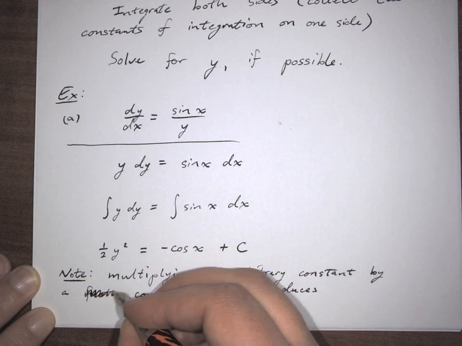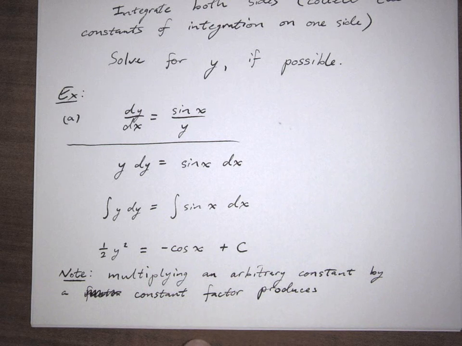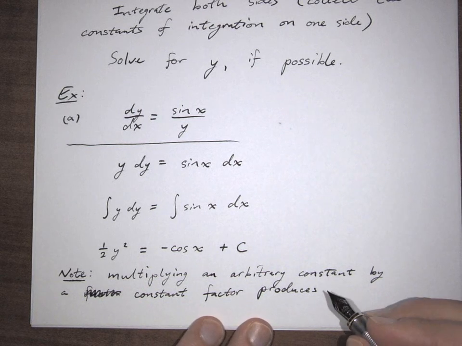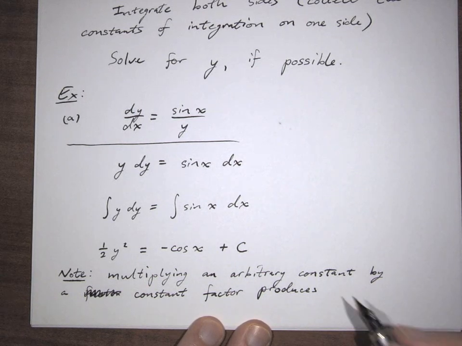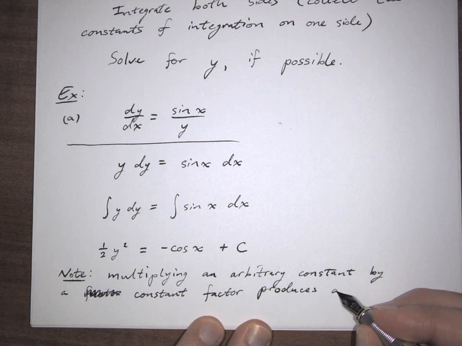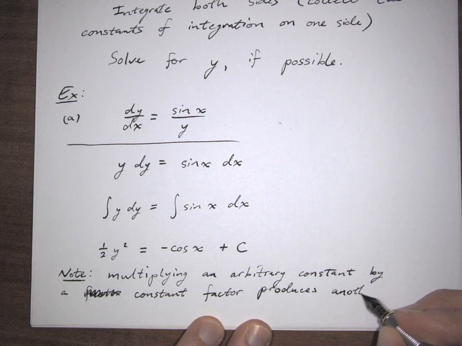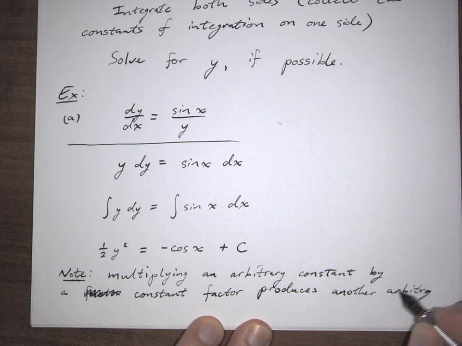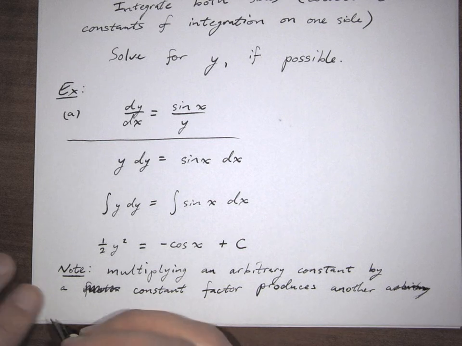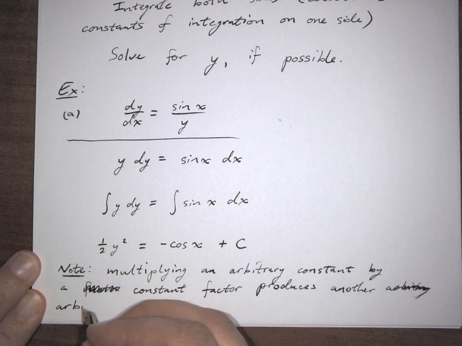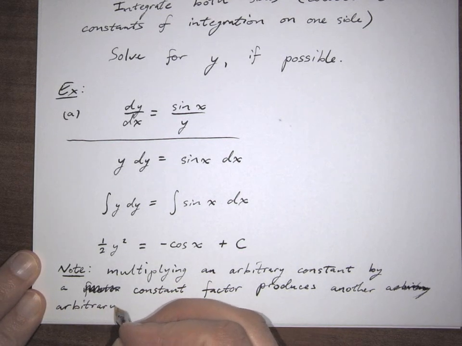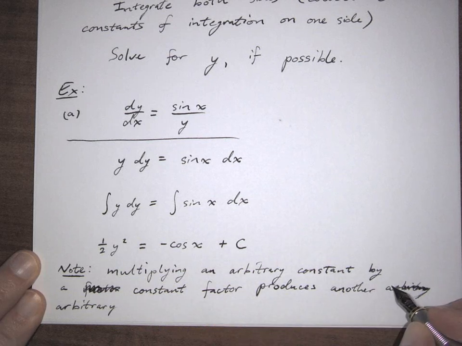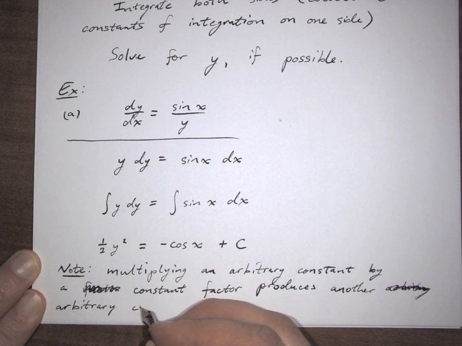so it would be different if we were multiplying it by some factor that was a function that was not constant. But a constant factor produces another arbitrary constant.